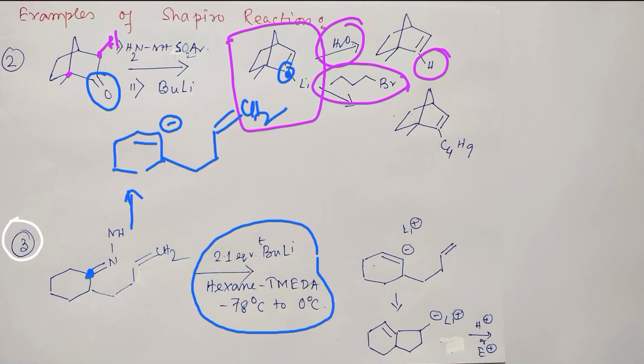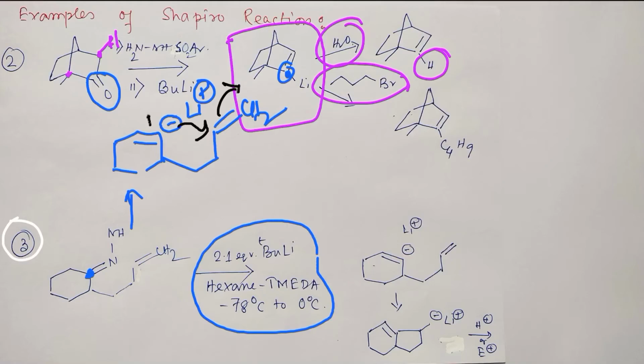And in the next step, what will it undergo? This is actually also a vinyl lithium salt. It undergoes an addition reaction to the C=C double bond. This is not a general type of reaction, but in the case of butyl lithium such a reaction occurs. So it attacks this double bond and it opens up, and see here a ring formation is possible. What ring is expected?